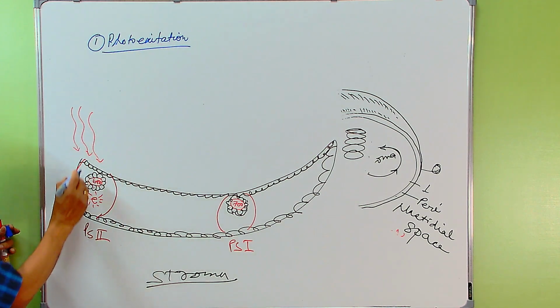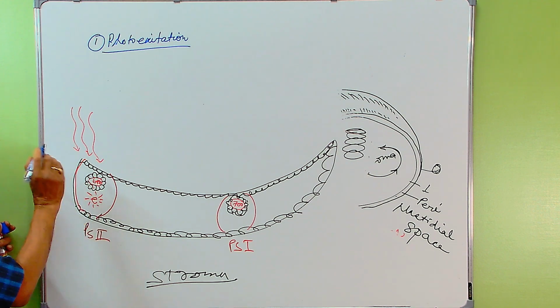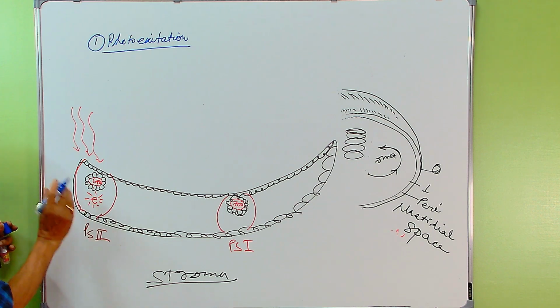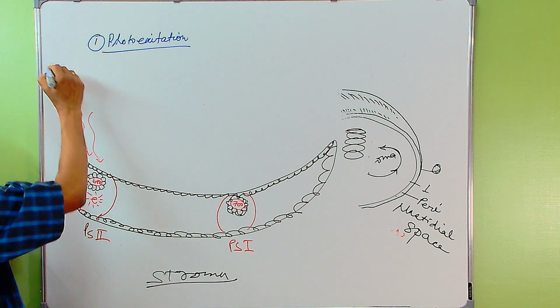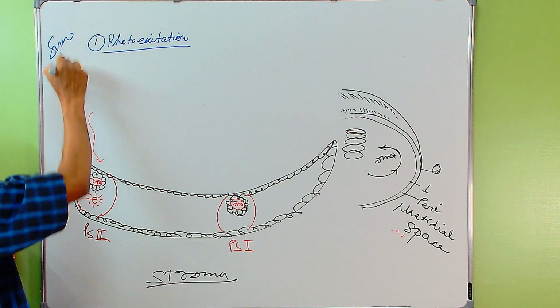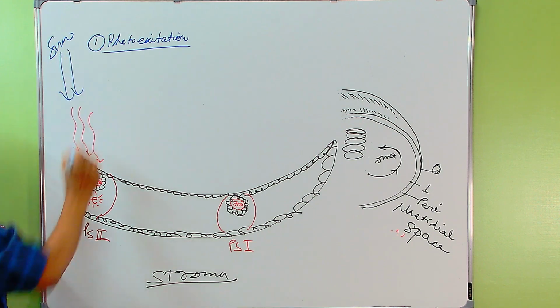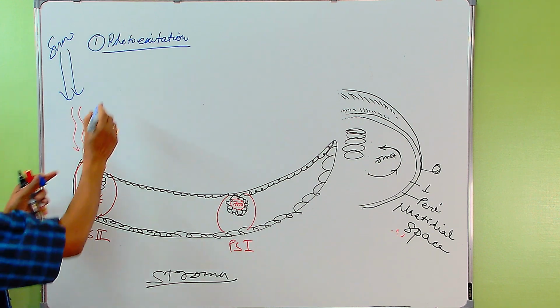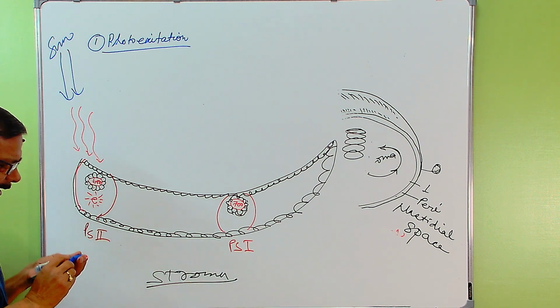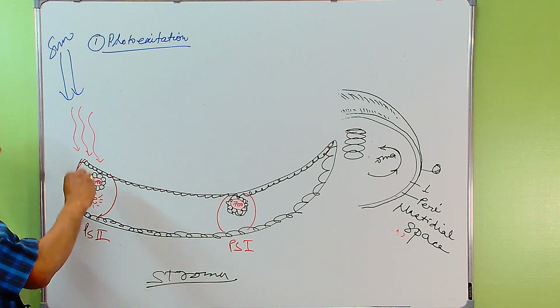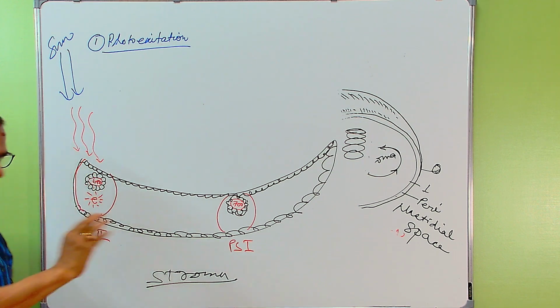Whenever light falls on the cluster, it ejects one electron. This is known as photoexcitation. This photoexcitation helps to eject one electron from the P680 molecule.